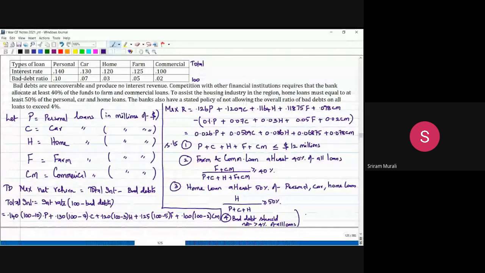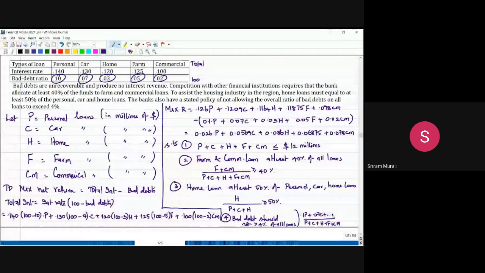The total is P plus C plus H plus F plus CM, where the bad debts are 0.1 times P plus 0.07 times C, and so on.